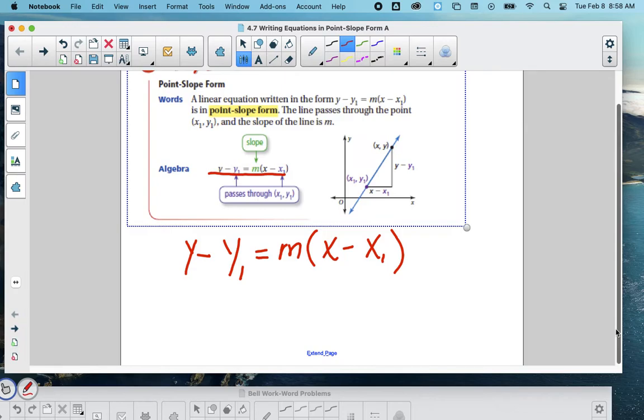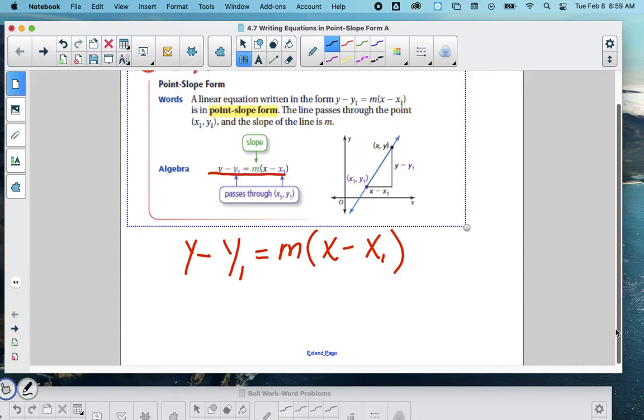By looking at that formula, what pieces of data are we going to absolutely have to have? Piper? We've got to know the slope, so they're going to have to give us that data. So we're going to write the point slope form using this data.